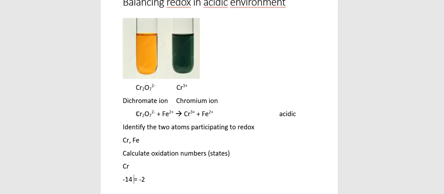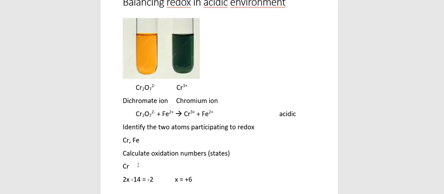And the chromium is the one I don't know. So there are 2 of them, then I call them 2x. Well, this equation solves by saying x is equal to plus 6.